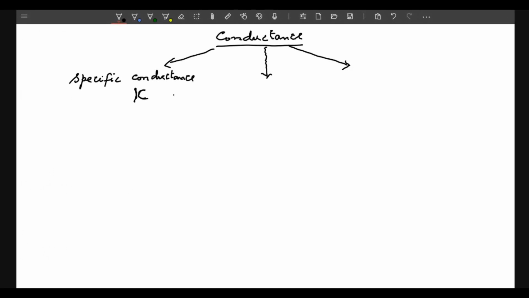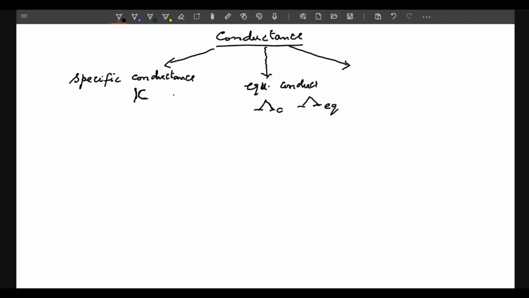Another is called equivalent conductance, which is represented by lambda C, once again a Greek letter, or lambda equivalent.